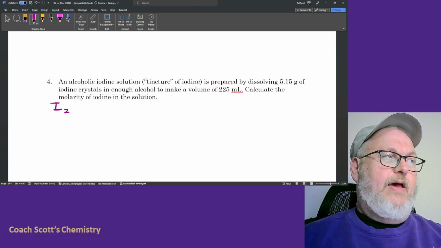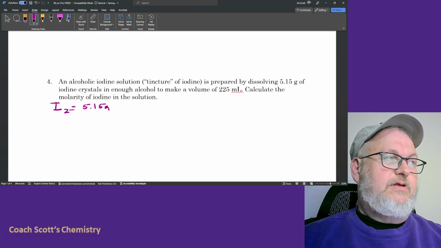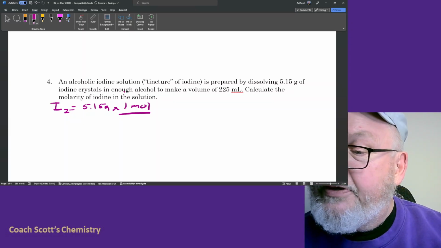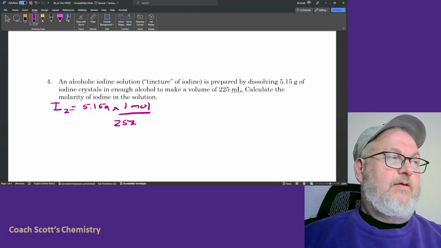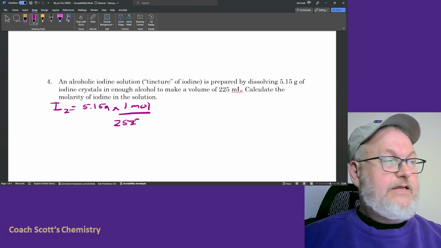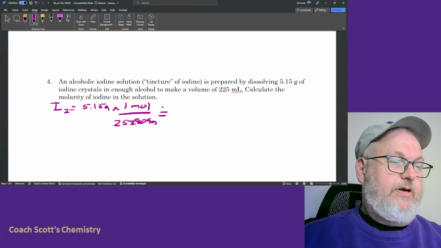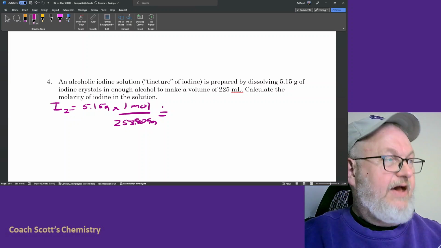So that has a molar mass of, let's write this down, it's pretty big, 5.15 grams times 1 mole, little cheat sheet, is 253.809 grams. So what's our molarity?